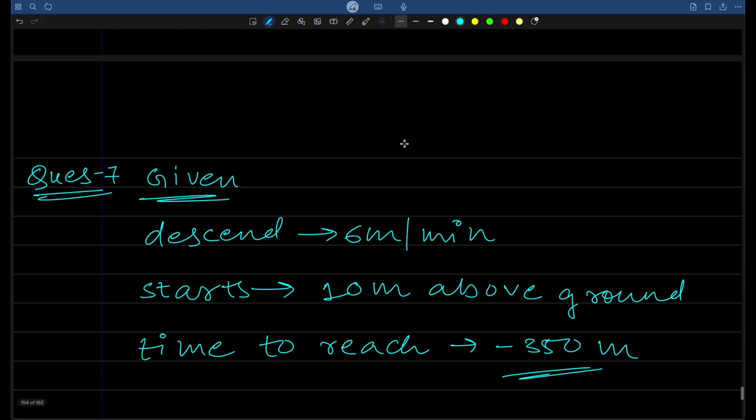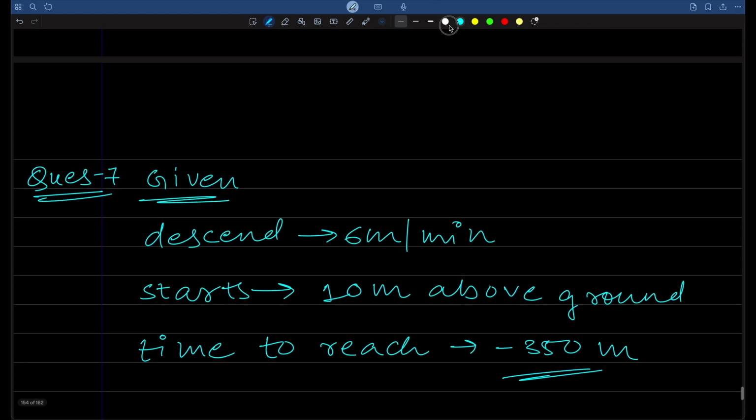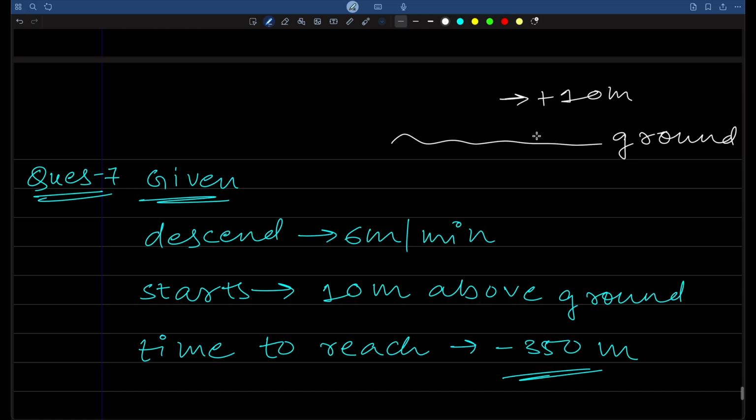So in the question it is given that, let's suppose this is ground and the elevator is somewhere here, that is plus 10 meter, and the elevator starts to descend and it has to reach minus 350 meter, and we have to find the time to reach from plus 10 to minus 350 meter.